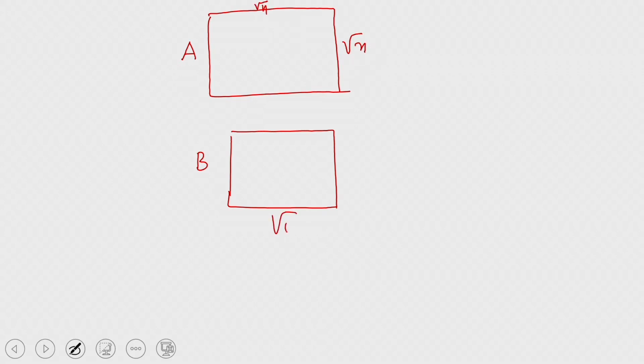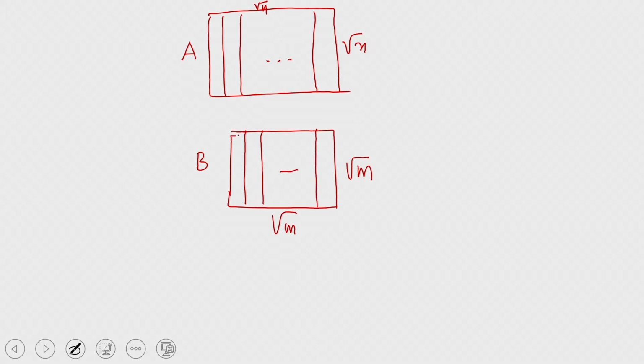B is a root m by root m two-dimensional array. Let us consider the segments of A. Each segment has a size of root n, and the segments of B have a size of root m each. What we have done is to pick out the first element of each segment as a leader.